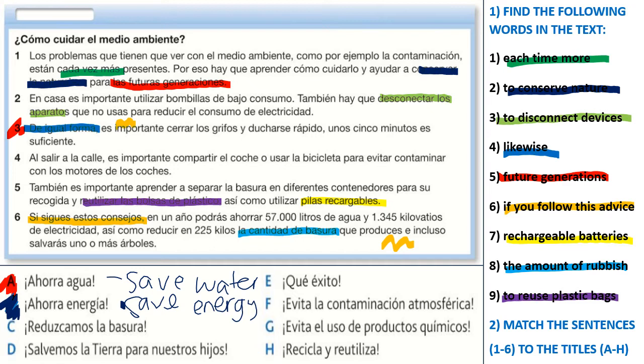So for this one, I linked it up to number 2. It's talking about bombillas de bajo consumo, so low energy light bulbs, disconnecting devices, not using them so that you're reducing the energy use, you're reducing electricity.